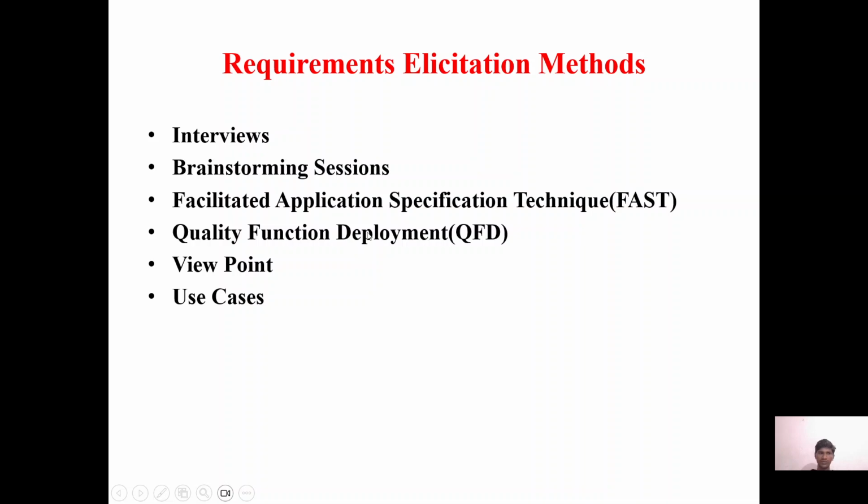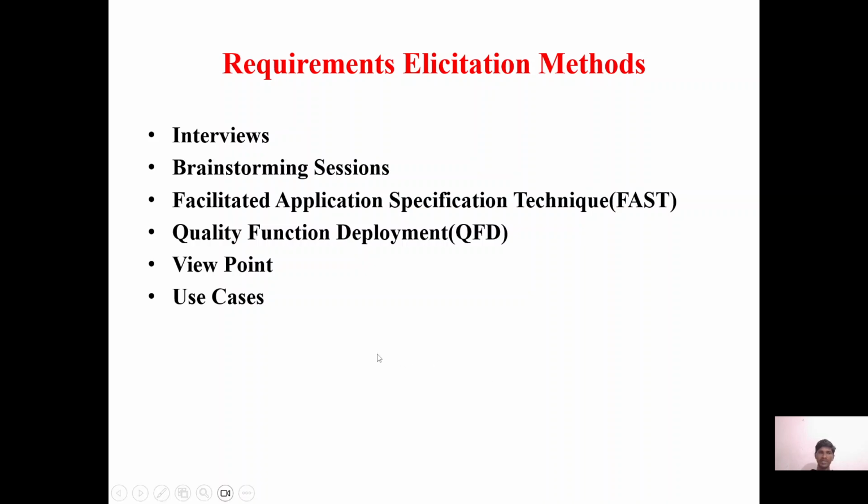Next is QFD, quality function deployment. It is a technique where customer satisfaction is the prime concern. Normally three kinds of requirements are identified here: normal requirements, expected requirements, and exciting requirements. Next is viewpoint, a way of structuring the requirements to represent the customer's or stakeholders' perspective. The stakeholders may be classified under different viewpoints.